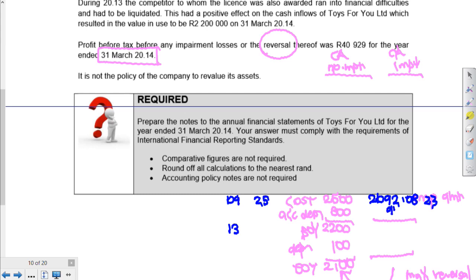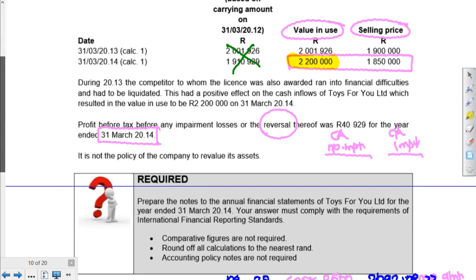So 1 year of depreciation is 90.96, leaving us on 2001.12 at beginning of year. If I take off another 90.96, it leaves us on 1910.16 at year end. Those numbers were the same numbers that were given to you here.